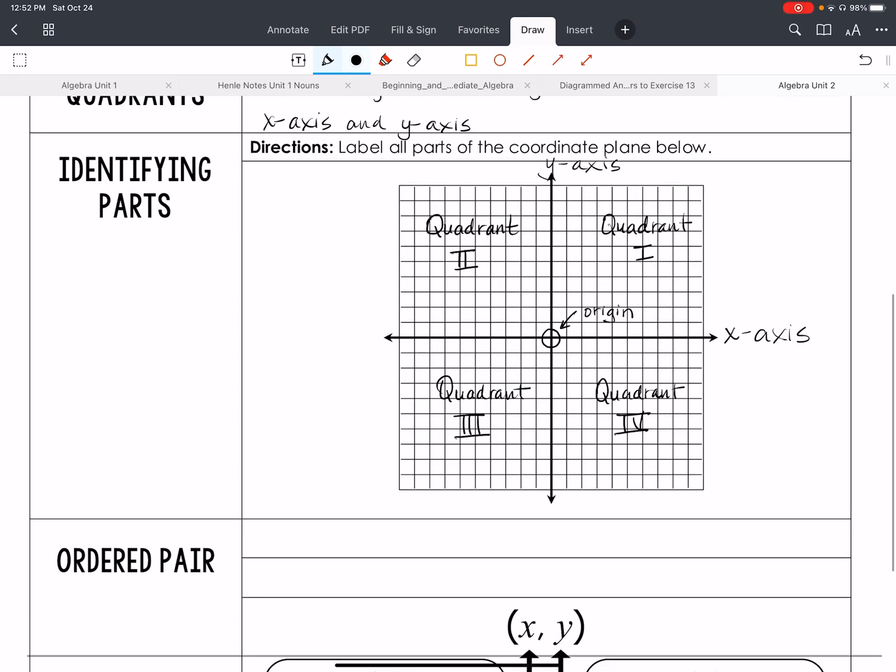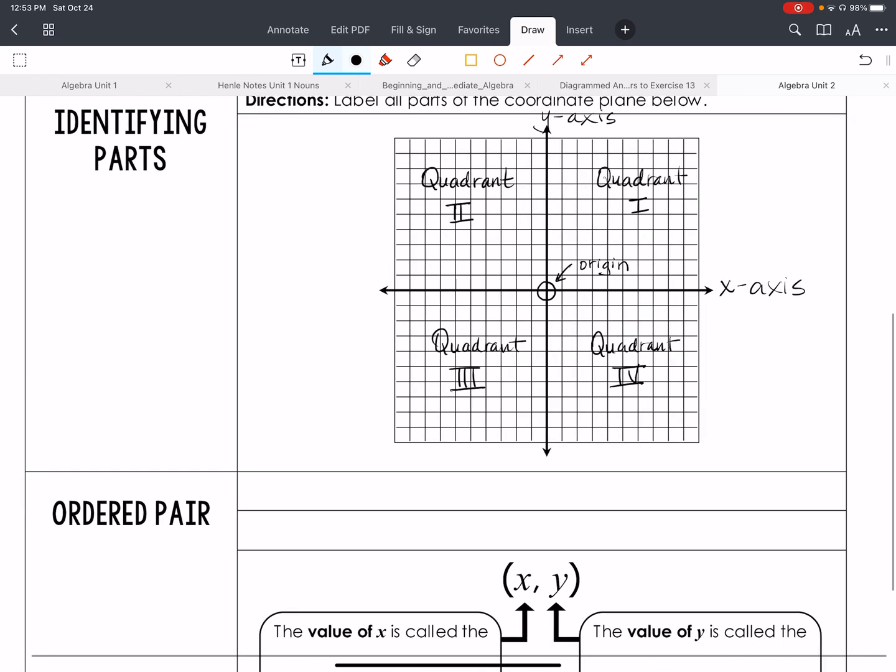Now, actually writing the points and using these number lines, the way that we're going to communicate to you the location of our point on the coordinate plane in respect to its number lines is with an ordered pair, sometimes called a coordinate point. So both of them together will be a coordinate point or an ordered pair. I have a tendency to use coordinate point instead of ordered pair, but that's just me.